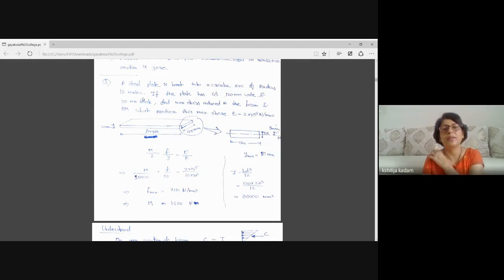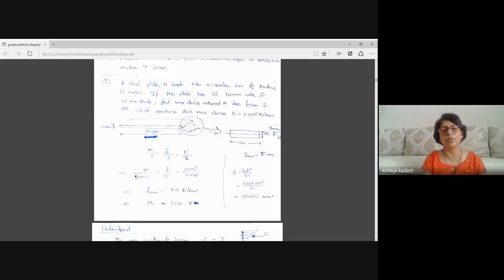That means capital R is given. If the plate has cross section 120 mm wide and 20 mm thick, find the maximum stress induced in the beam and bending moment which produce the maximum stress. E is equal to 2 into 10 raised to power 5 Newton per mm squared.